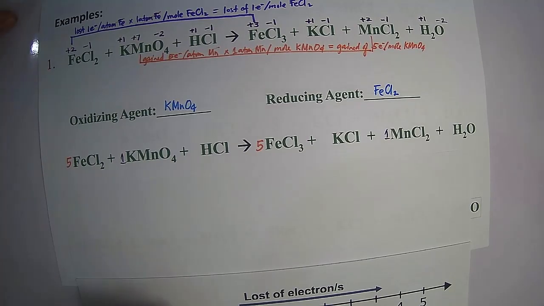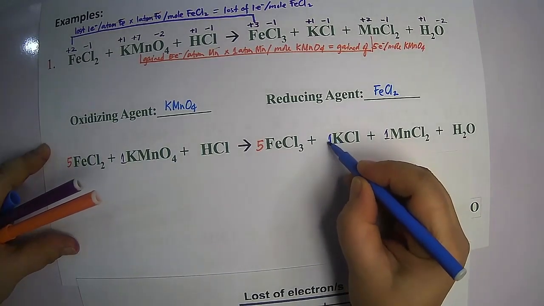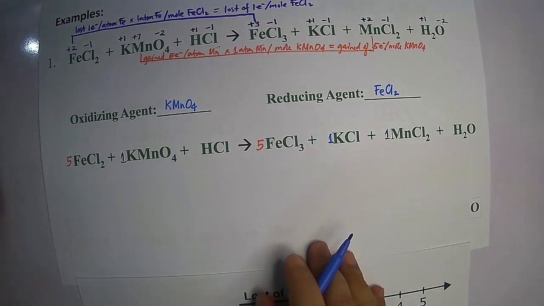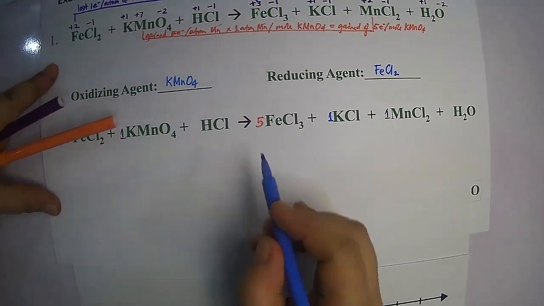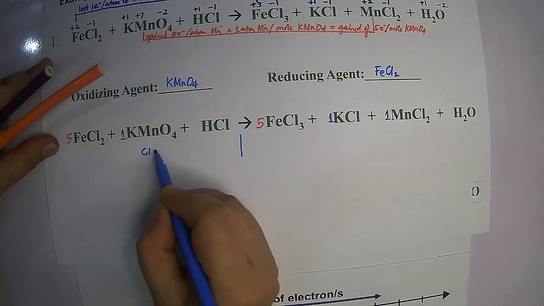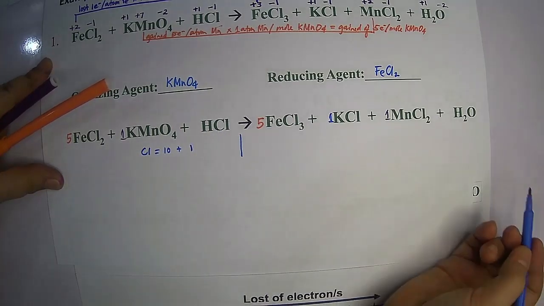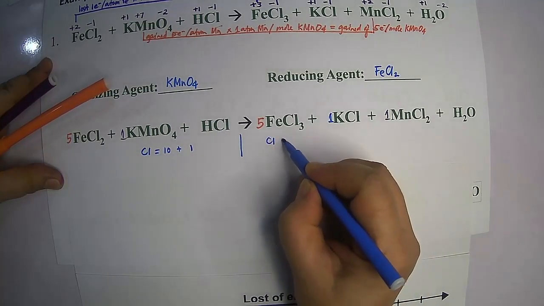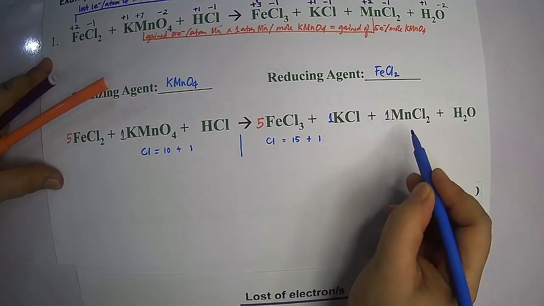Okay, so the remaining metal that has not changed its oxidation number is potassium. We have 1 here, so we write 1 on that to balance that. Okay, next we have the anion, that is the chloride. On this side, we have chlorine 5 times 2, we have 10 plus 1 here. On the right side, in terms of chloride, we have 5 times 3, we have 15 plus 1.